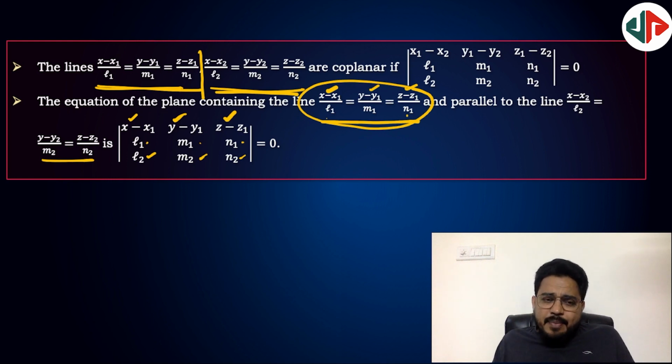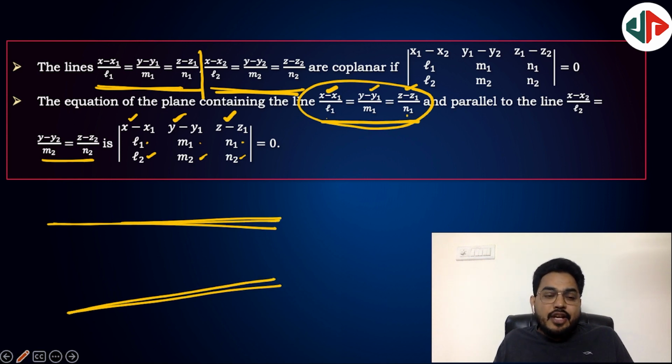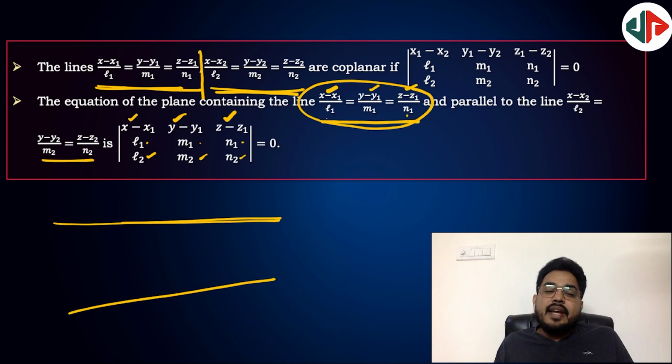Now there is a possibility of lines like this. This is one line, this is another line. In 2D it is a little difficult to express, but these lines are neither parallel nor intersecting. If the lines are neither parallel nor intersecting, such lines are known as skew lines.